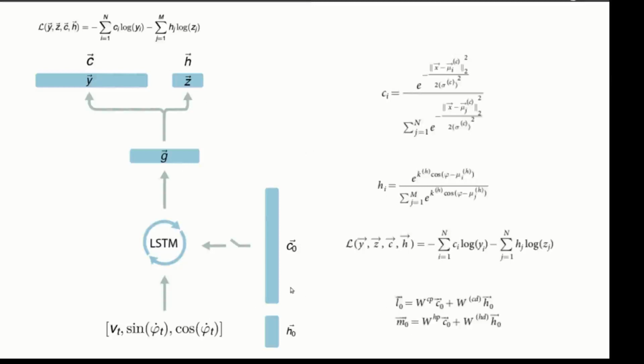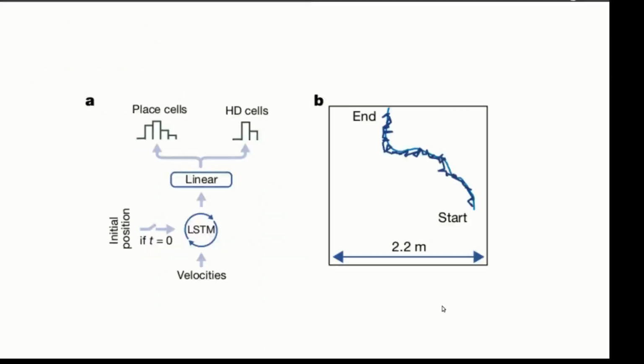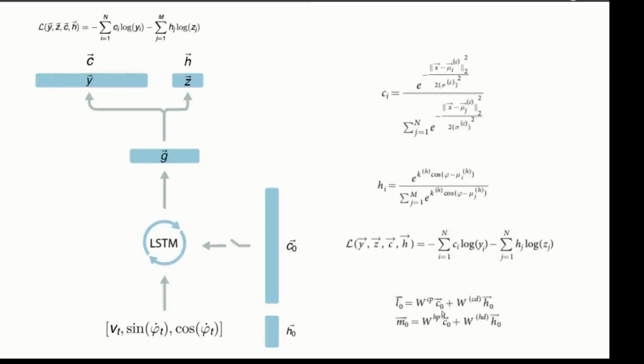The initial state is a linear combination of place cell and head direction cells at the beginning of the trajectory. These are the initial hidden state and initial cell state of the LSTM.